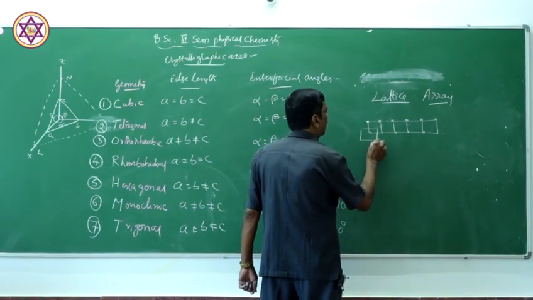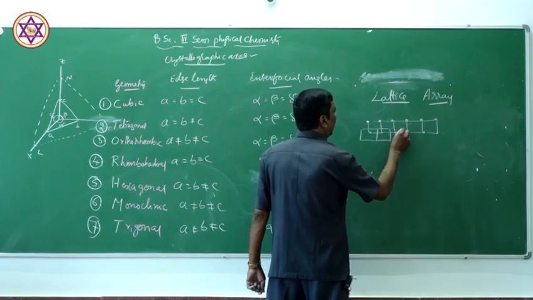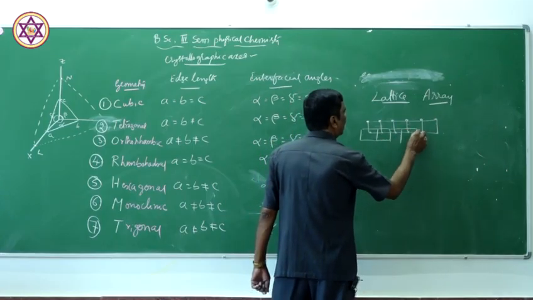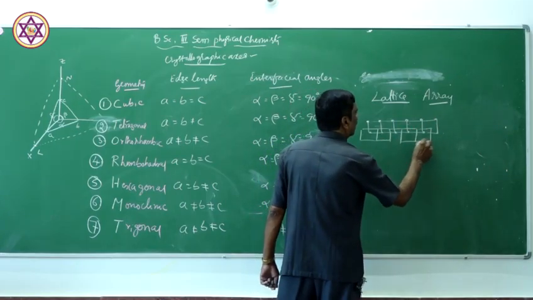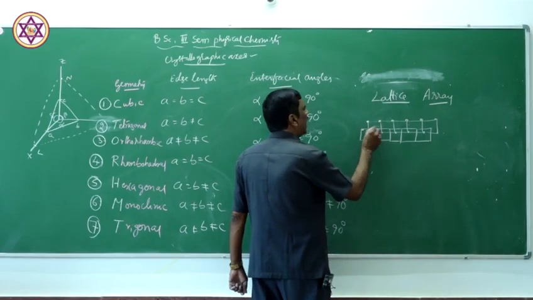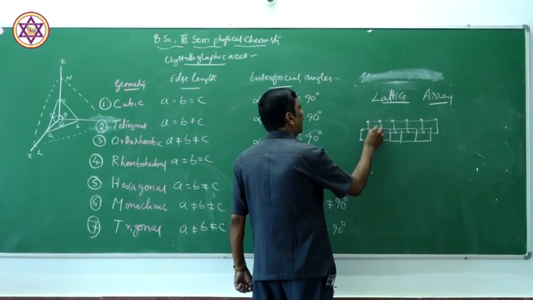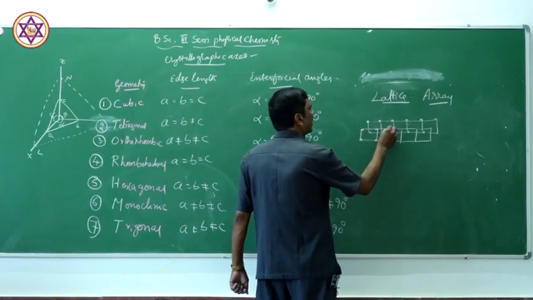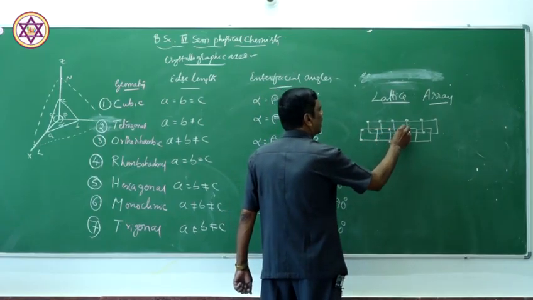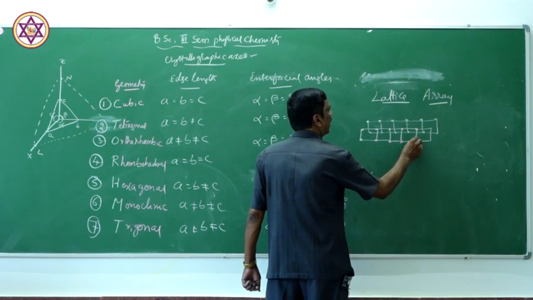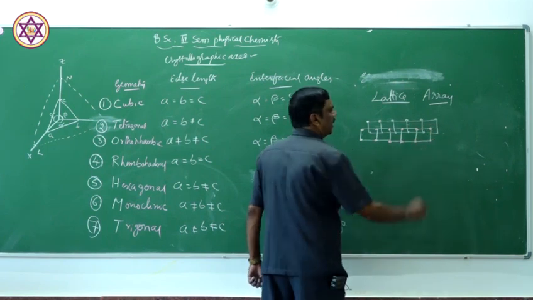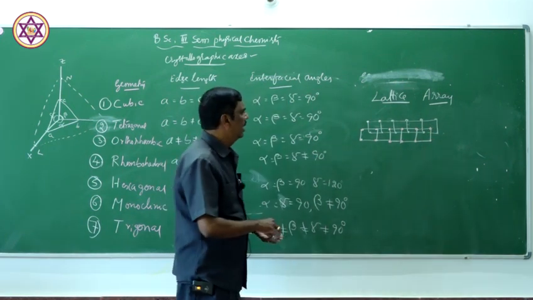Now you see a 3-dimensional array. These are the atoms in this plane. I will write this plane here. This is the second plane, second array, second lattice plane in a crystal.